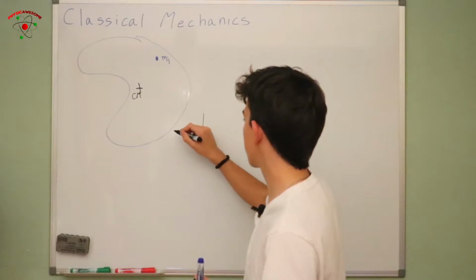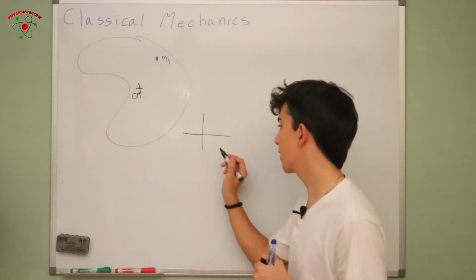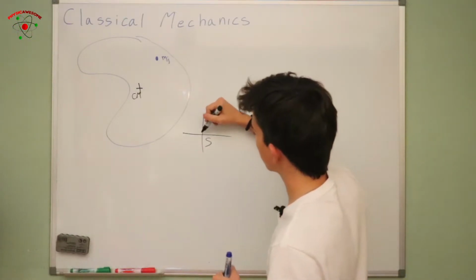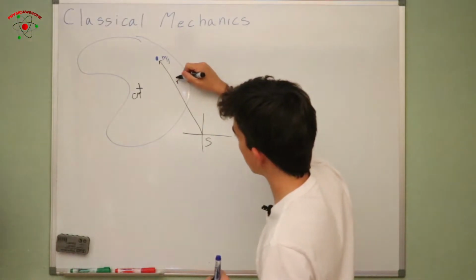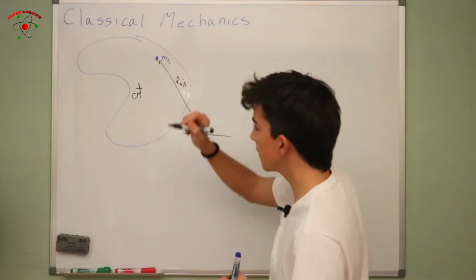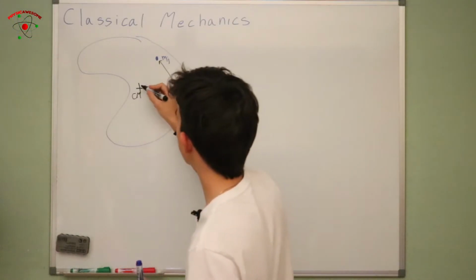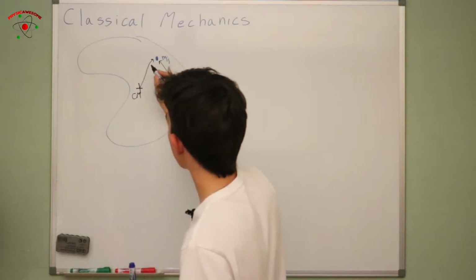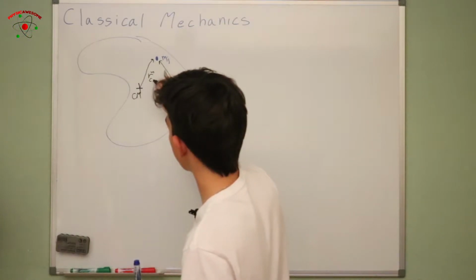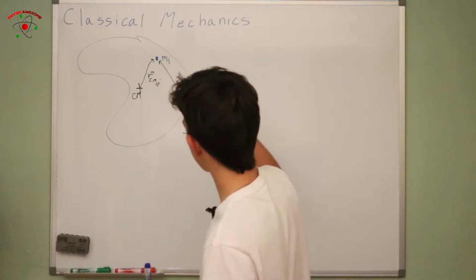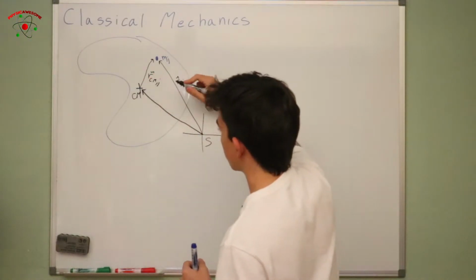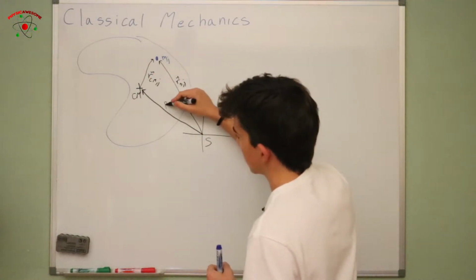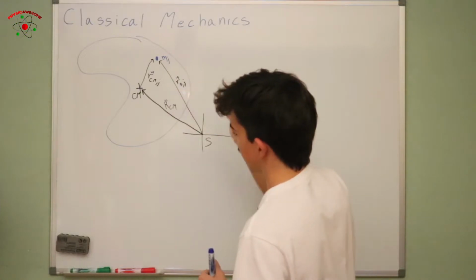We had our stationary frame S, and we also had this R_S,j, and we had this R_CM,j, and finally the vector we tried and found a formula for, that is capital R_CM.